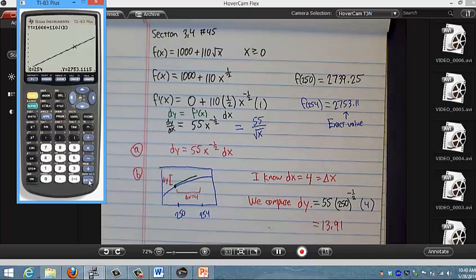Okay. So if I take that 2753.11 and if I subtract this 2739.25, let's see what the difference is.